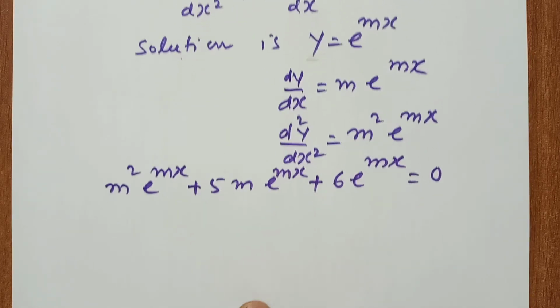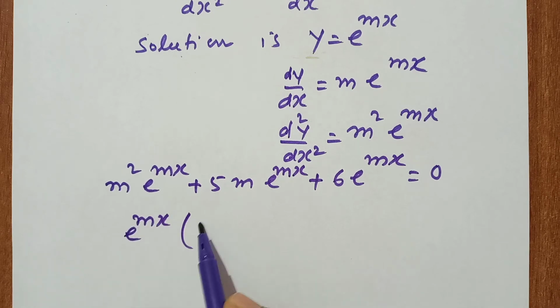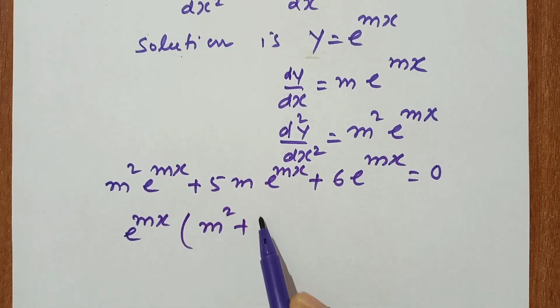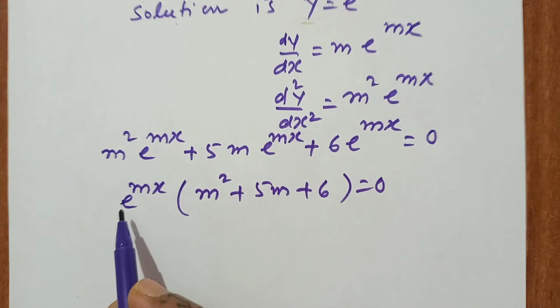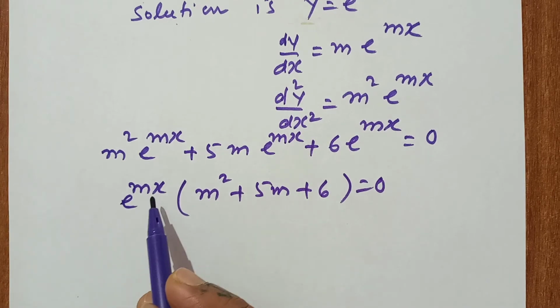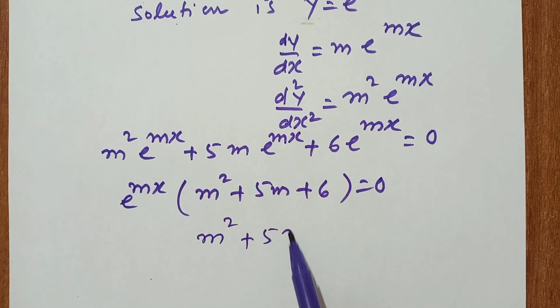First we take e to the power mx common: m square plus 5m plus 6 equal to 0. Here e to the power mx does not equal 0, so m square plus 5m plus 6 equal to 0.